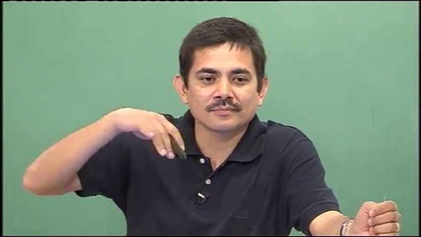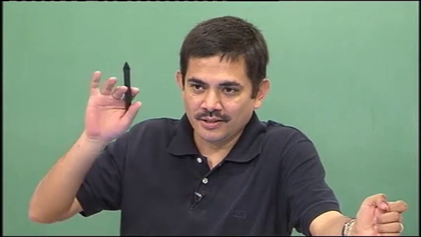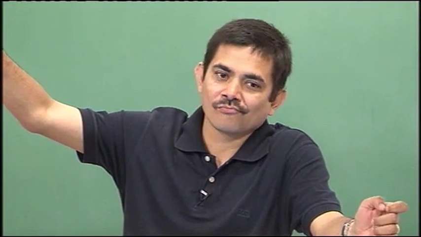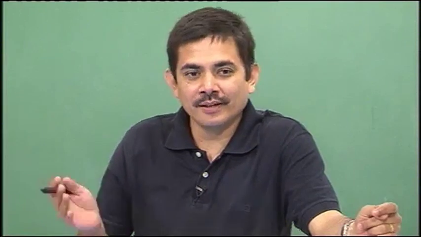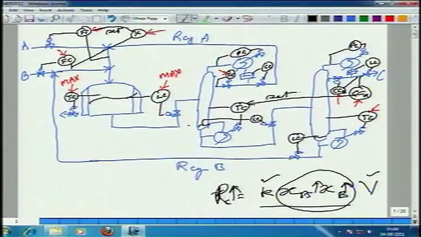See, whatever C is generated, it is not getting recycled, it is essentially being taken out as product, right. So, C never accumulates. If anything accumulates, it is A and B. C never accumulates, that C is taken out. Yes or no? Okay, so there is no question of C finally rising, because you are taking it out.